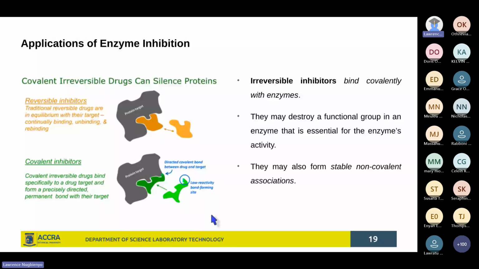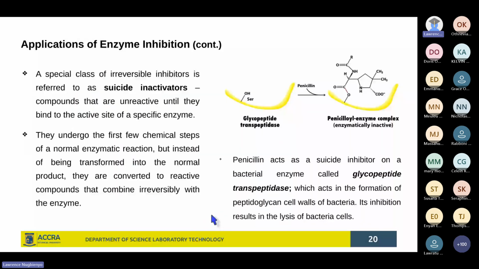A practical example of such is that of penicillin, an antibiotic. We talk about the fact that bacteria have cell walls made up of peptidoglycan, whose components are N-acetylmuramic acid and N-acetylglucosamine, which have glycosidic bonds between them.